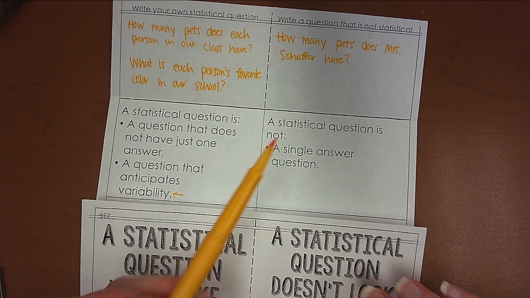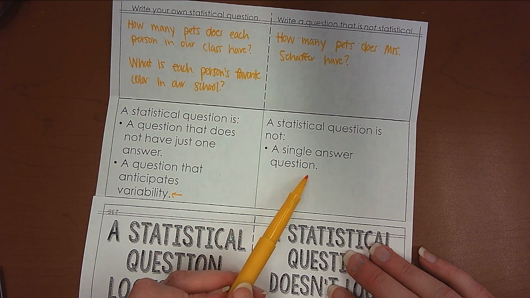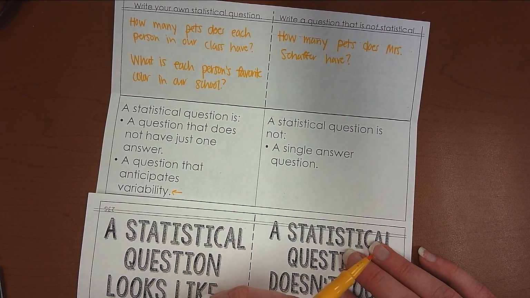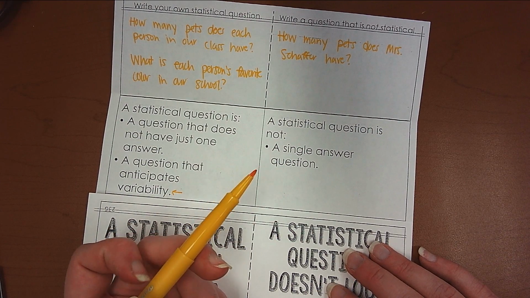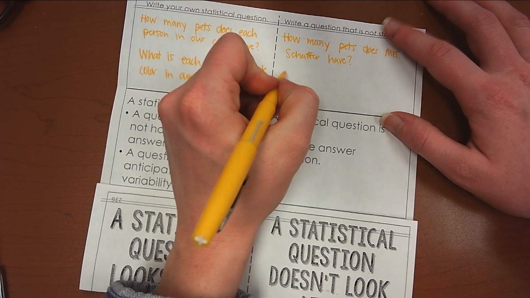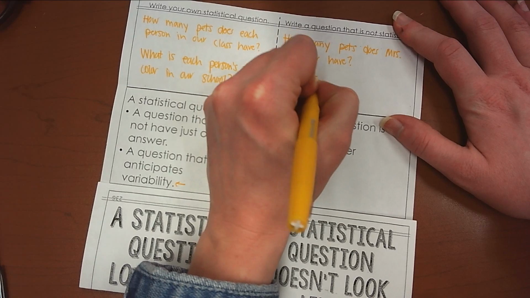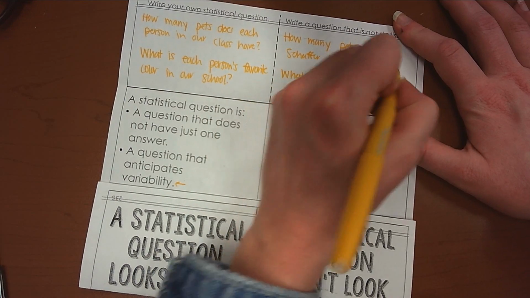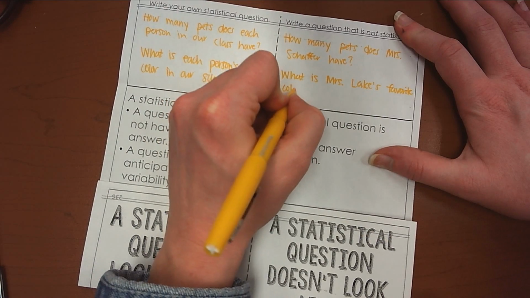And so a statistical question is not a single answer question. It's not one where we can say one thing. If we said, what is Mrs. Lake's favorite color? Again, we're talking about a question that's not statistical because it has one answer.